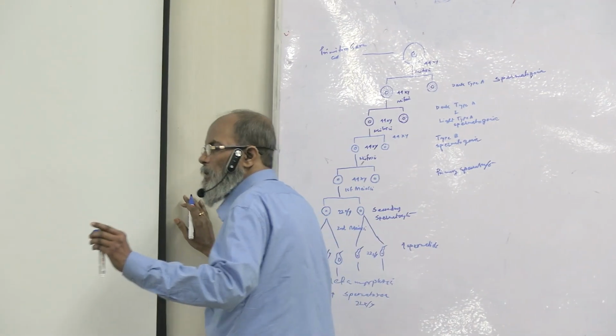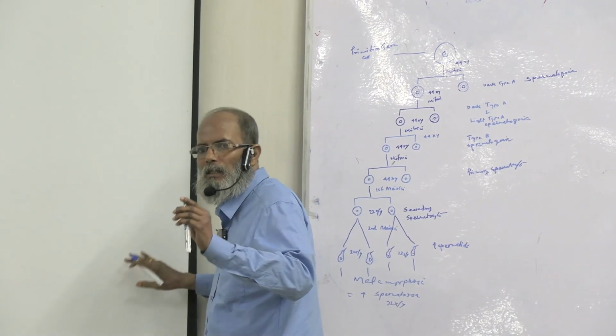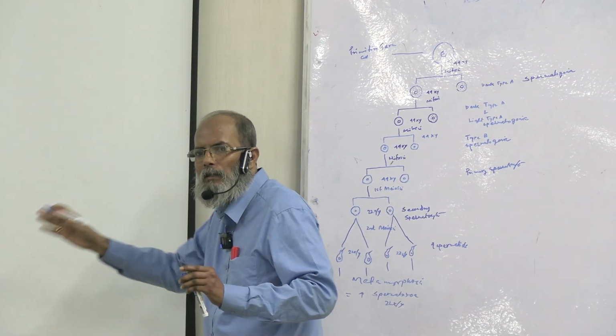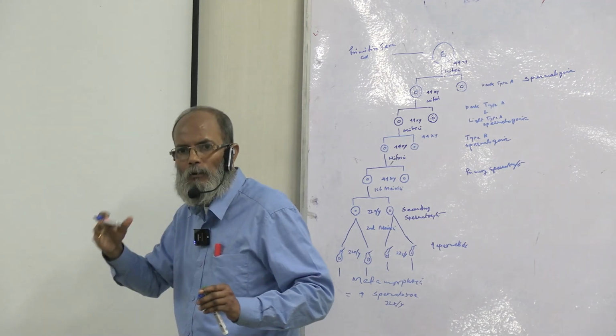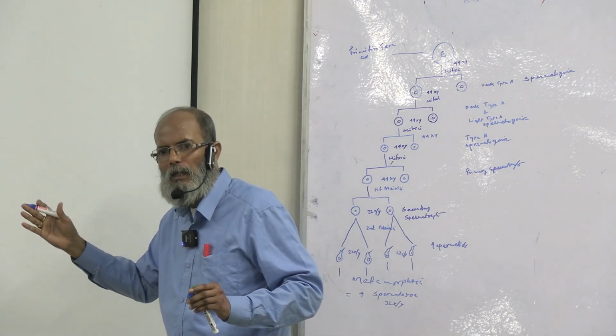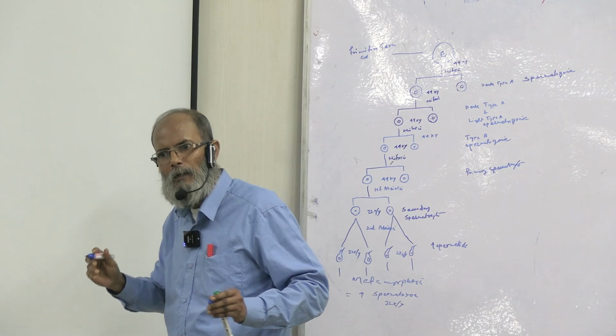One dark type cell is kept in reserve like a stem cell. This will give rise to further growth of spermatogonia just like a stem cell, right?